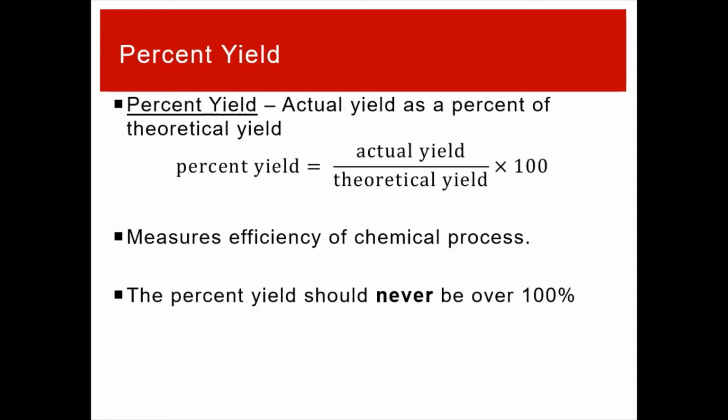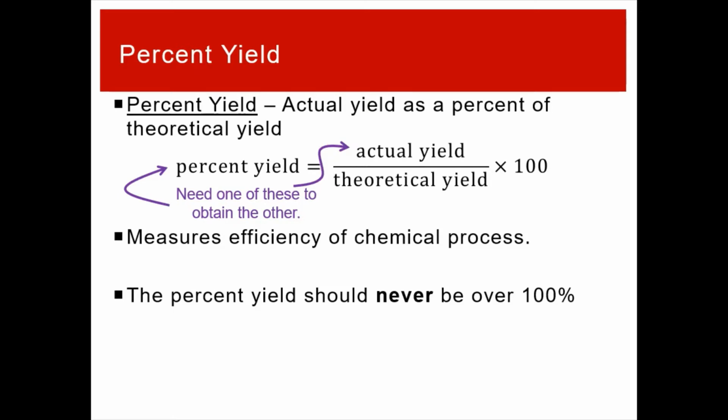And so converting to a percent yield gives you a consistent metric to use to identify how good you have done at performing some sort of reaction, how close you were to, or how efficient you were. And related to the idea that actual yield always needs to be less than theoretical yield, because you're dealing with a percentage up here, the percent yield cannot be more than 100%. You can't make more than the perfect theoretical yield.